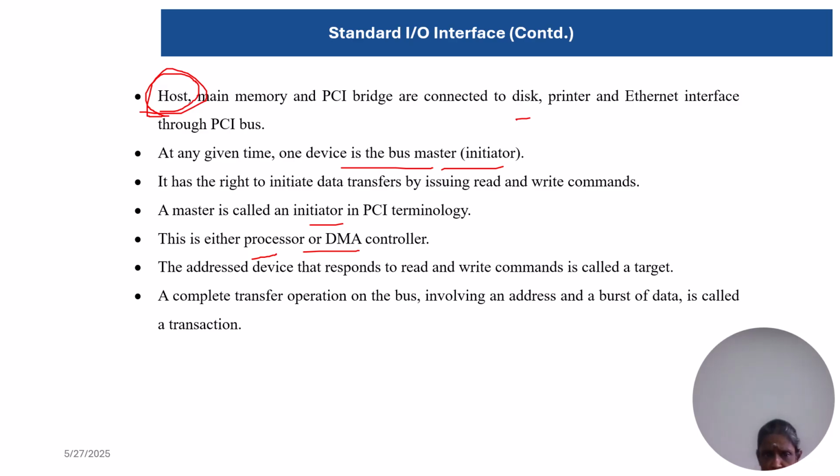The addressed device that responds to read and write commands is called a target. So the host is willing to have a connection to either the printer or disk, which are connected at the other side of the PCI bridge, the PCI bus. Those devices will have their own addresses.